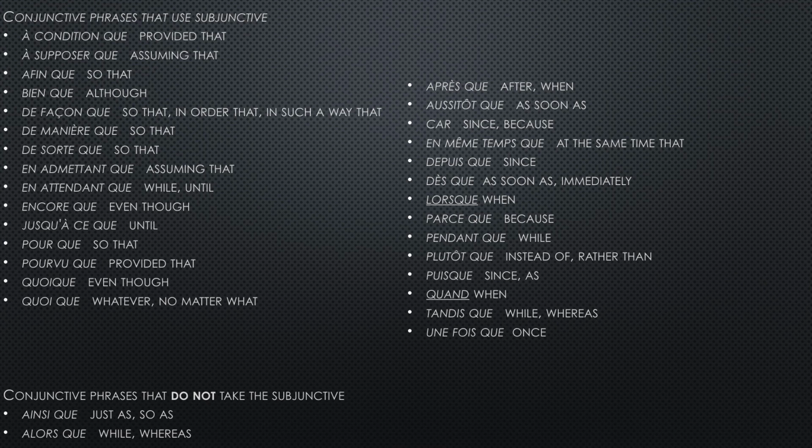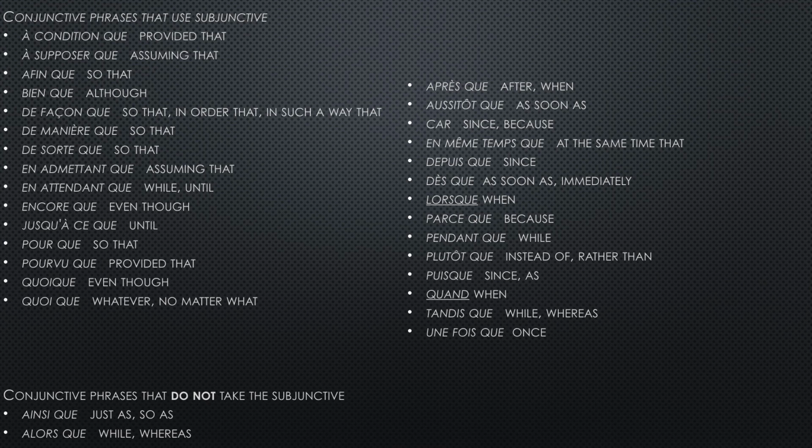Ainsi que, alors que, après que, depuis que, dès que. And one thing, this is a rare case of where knowing what things translate to in English will help you with the French, because the ones on the top left here have that uncertitude to them: provided that this happens, or so that.